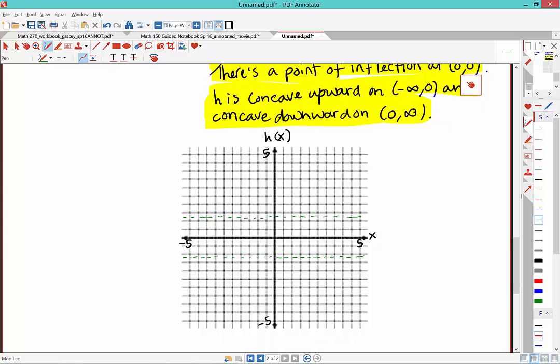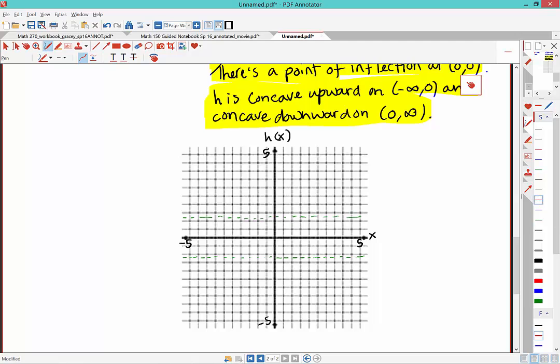And then remember that our graph is increasing on its entire infinite domain, and it's concave upward from minus infinity to 0 and concave downward on 0 to infinity.